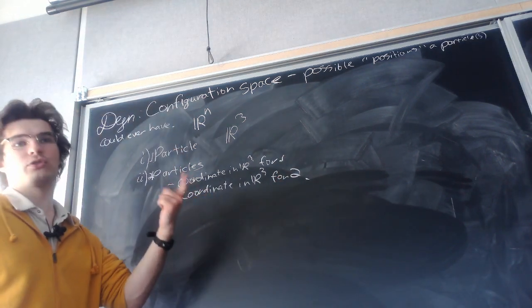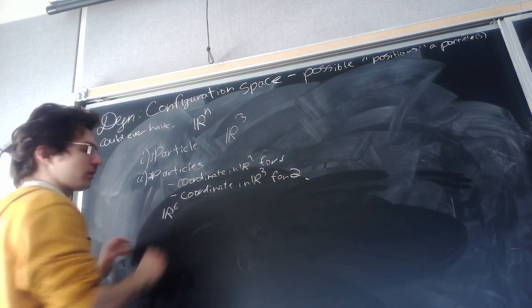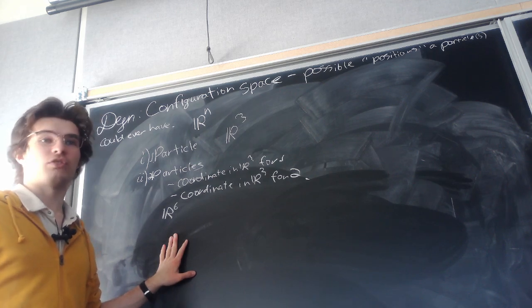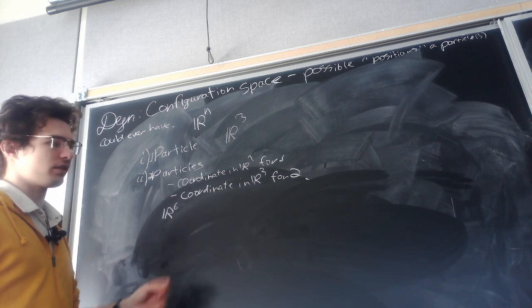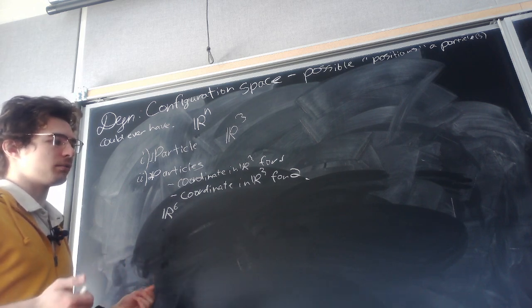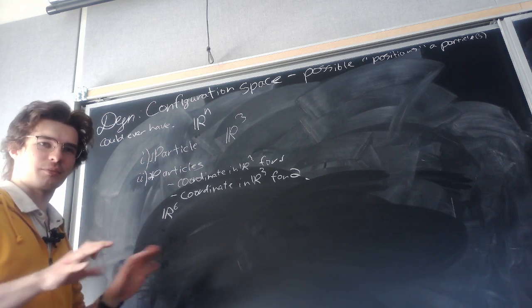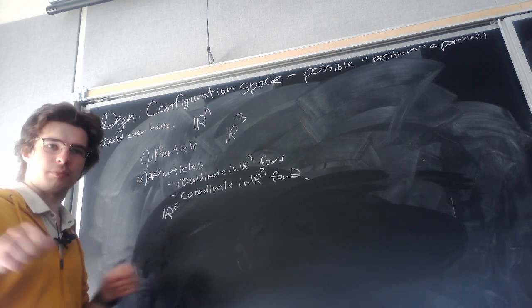So those two coordinates together will live in R6. So my configuration space is really not just R3, but R6, because R6 encodes all the possible states, well, not entirely, but the possible states that the system could be in terms of position. If I have two particles, where could they be?